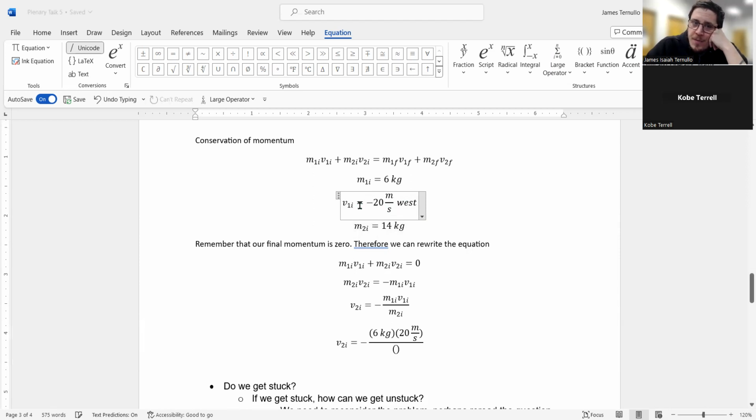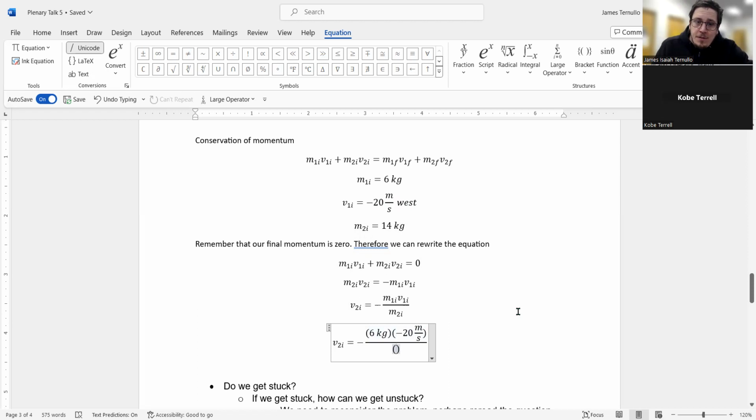The reason for this is that if we think about east and west being the positive and negative x direction, the west direction is the negative x direction, and the east direction is the positive x direction. So therefore, this picks up a negative sign because it's in the west direction. So that means that here, we add in that negative sign.